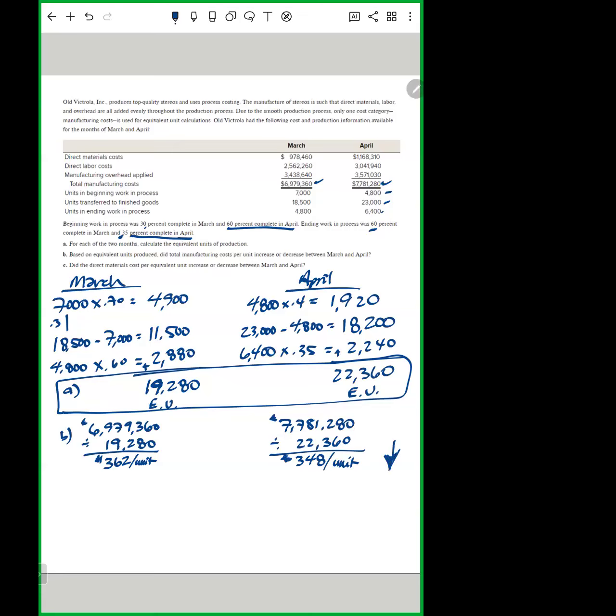And then in C, the question is, did direct material cost per equivalent unit increase or decrease? So now we're just going to be looking, same sort of idea, just at these two numbers instead, right? So that's going to be C. We're going to say 978,460 and 1,168,310 divided by the 19,280 and by the 22,360.